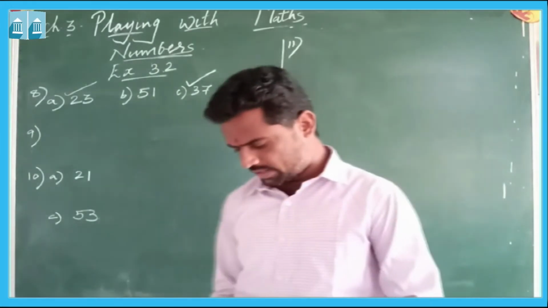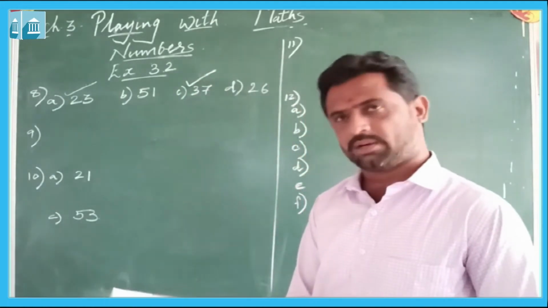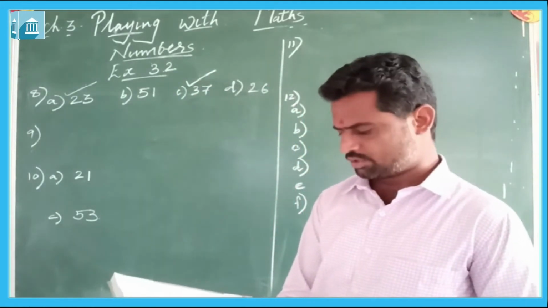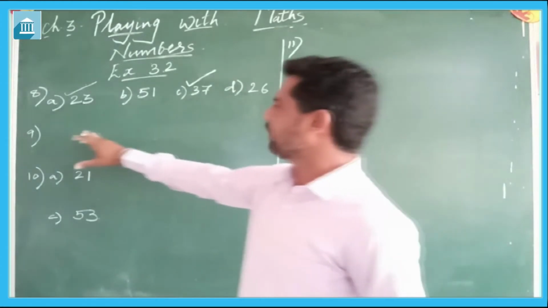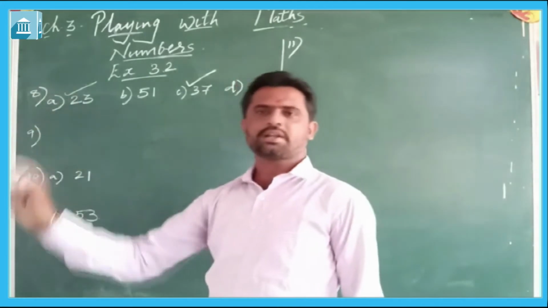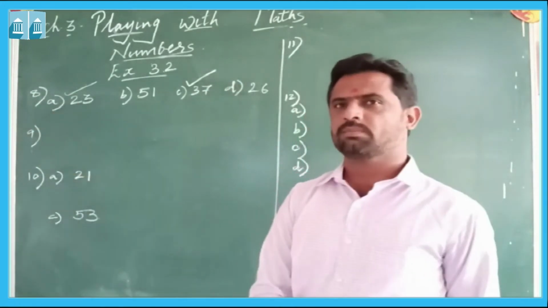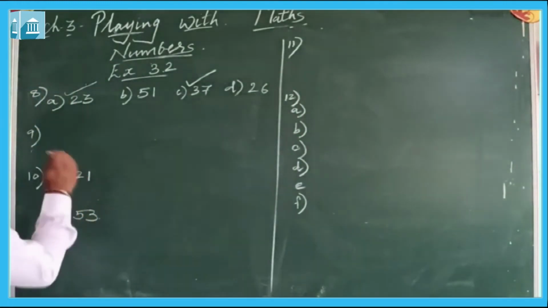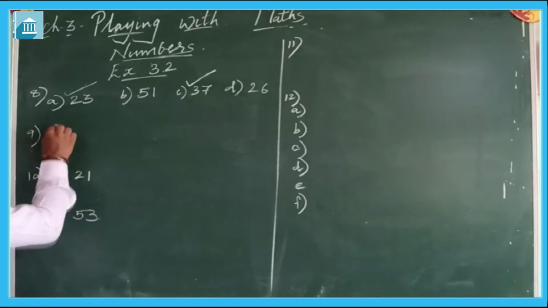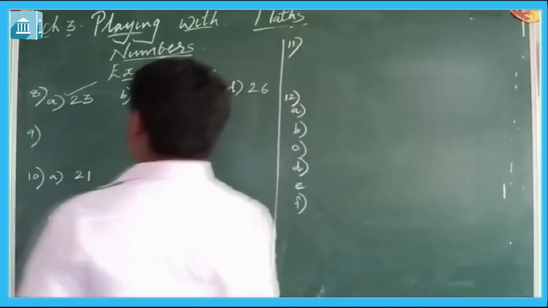Now question number 9 is, write 7 consecutive composite numbers less than 100 so that there is no prime number between them. We have to find 7 continuous composite numbers so that there is no prime number between them.